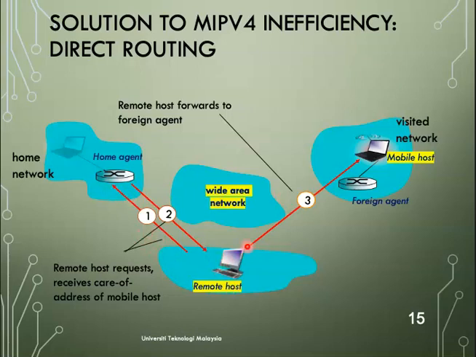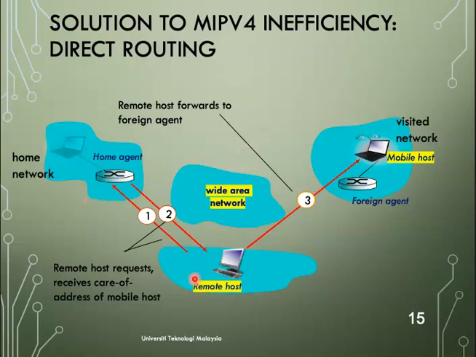In future, all communication will use the COA of this mobile host. So I repeat here: when the mobile node moves from one foreign network to another, this can be solved by updating the care of address maintained by the home agent.